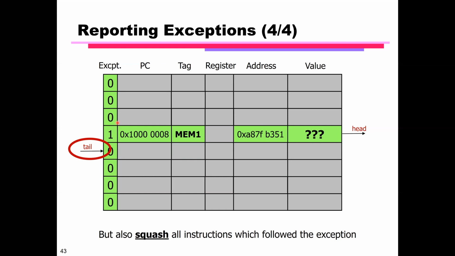And so we have managed to implement precise exceptions on this out of order machine. So we have managed to reconcile two fundamentally different or potentially incompatible problems.